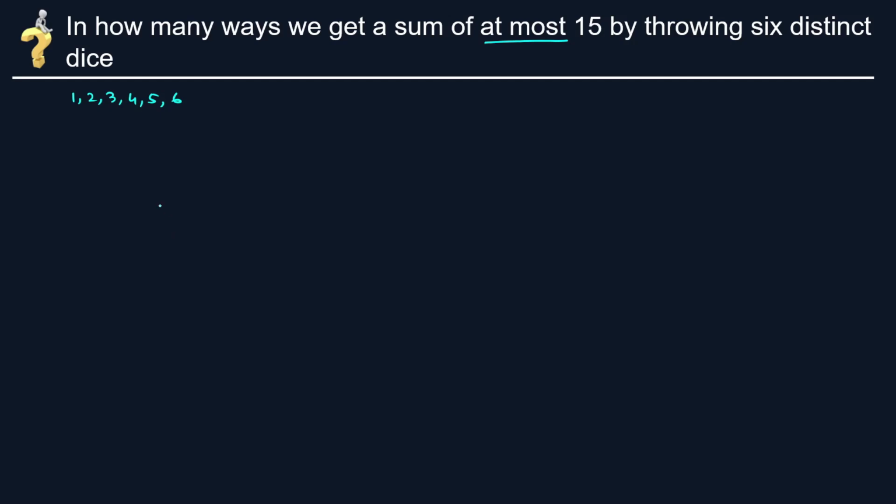Let us say 6 dice are represented by x1, x2, x3, x4, x5, x6. Let us say in this way, this xi actually represents the number coming on the upper face of the dice.